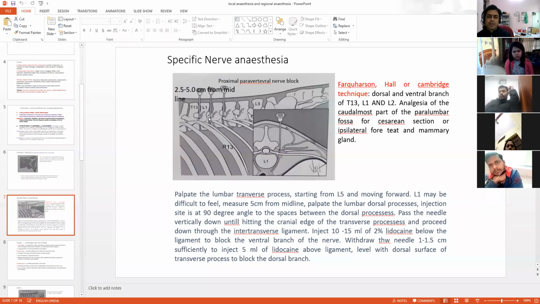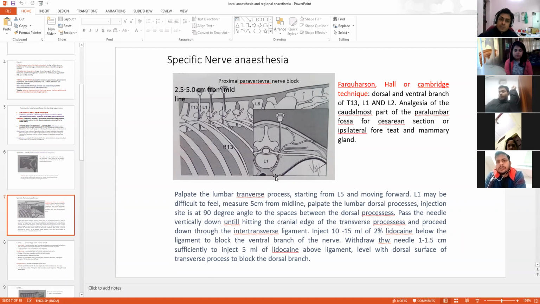So L1 cannot be felt. But just to assess the exact location of L1, you palpate the midline and come 5 centimeters towards yourself, 5 centimeters, and palpate. That is the point of the L1 lumbar dorsal process.